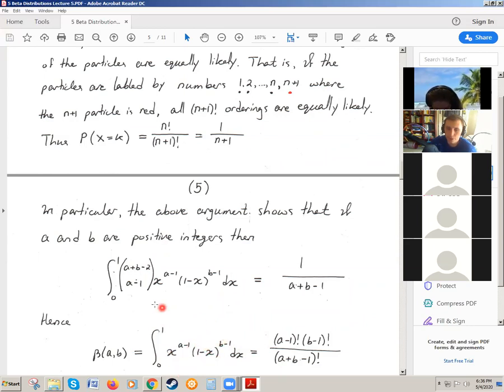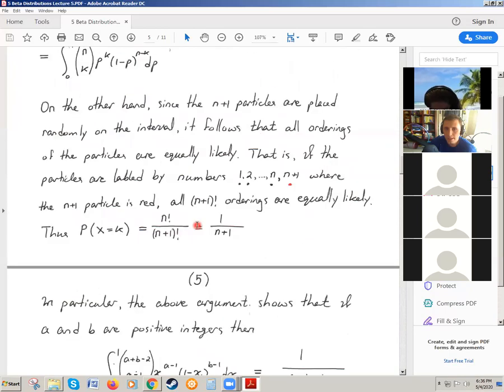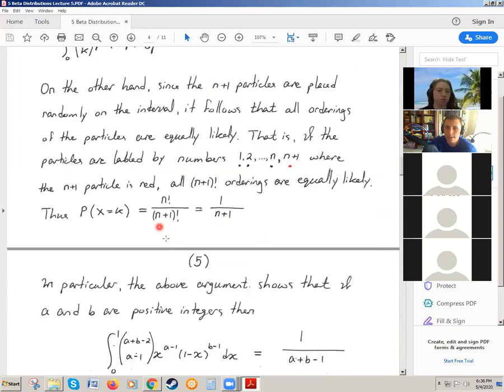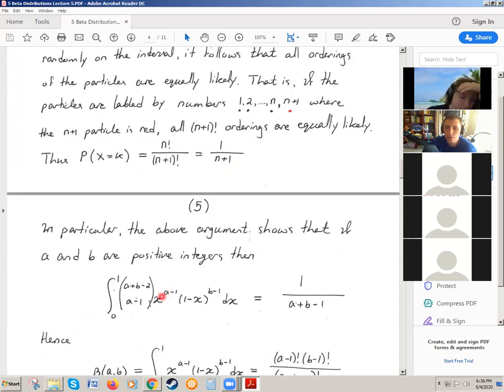I need to make it like a binomial integral, like this integral. So I have x to the a minus 1, 1 minus x to the b minus 1, and this number plus this number is a plus b minus 2, and this is my k, the number of successes. So I put a minus 1 over here.